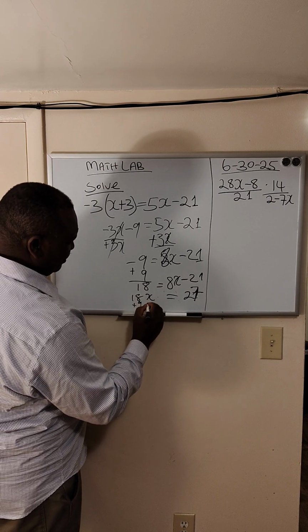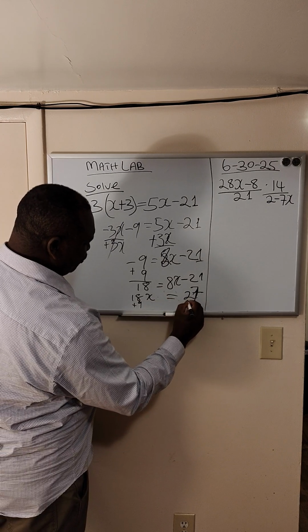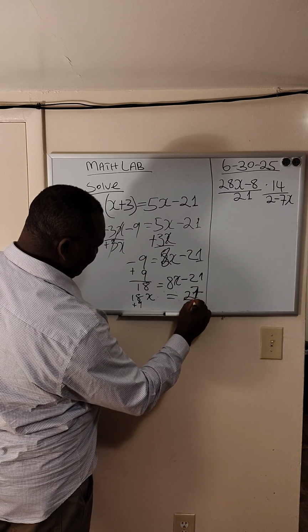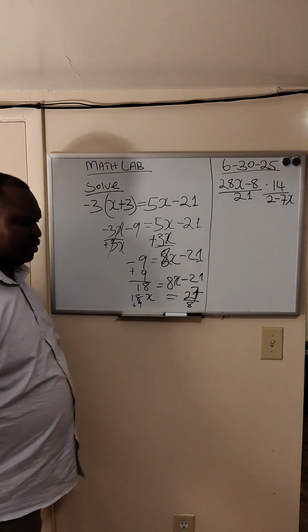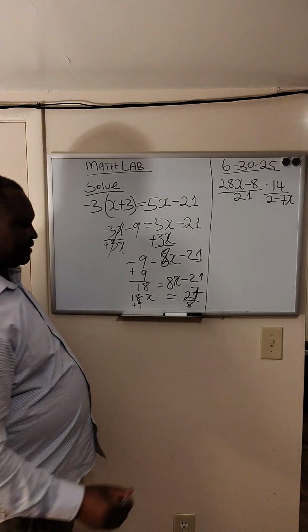So this means that we're going to have 27 over 8x.